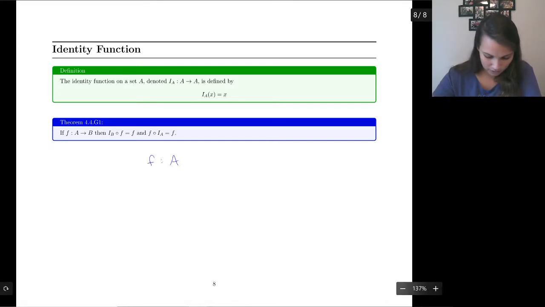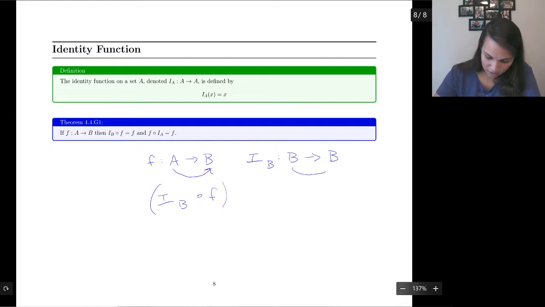So f goes from A to B. The identity function of B would just be going from B to B. And so then if we were to do I_B composed with f, that means you would want to start at A and go to B, and then the codomain and domain of the identity function match up. So then we would have A goes to B is kind of what it would look like.